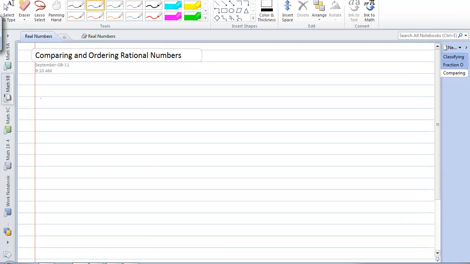So today we're going to look at comparing and ordering rational numbers. So remember, to compare we can use two of our symbols of inequality that are called greater than, that symbol there, greater than, and less than.